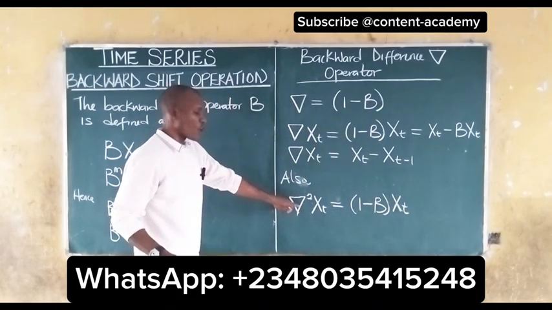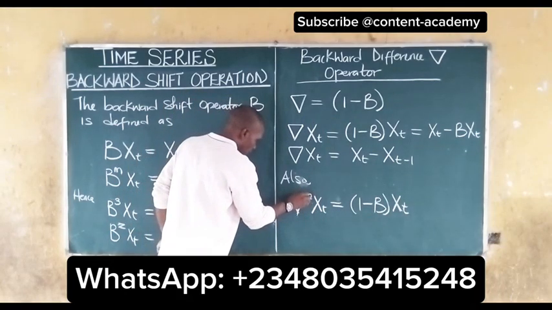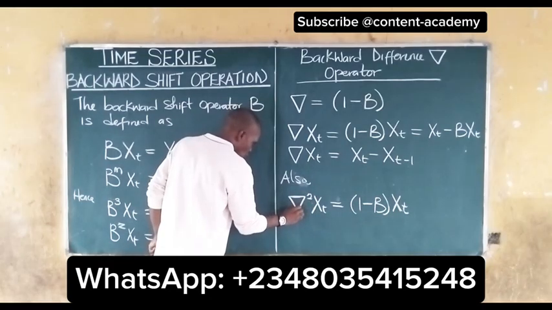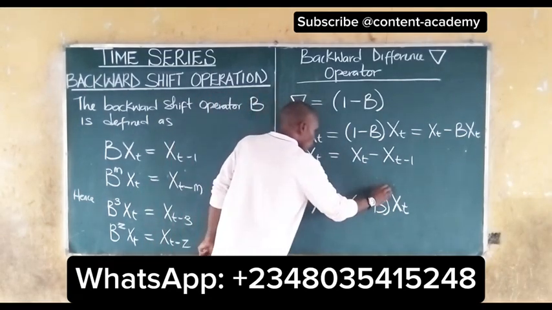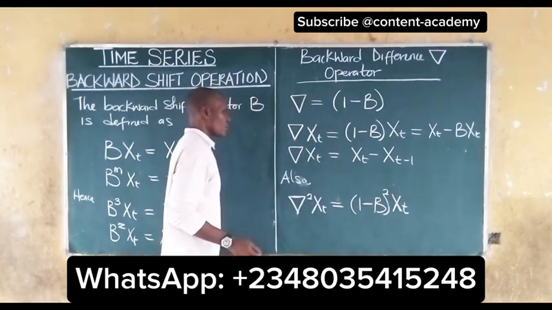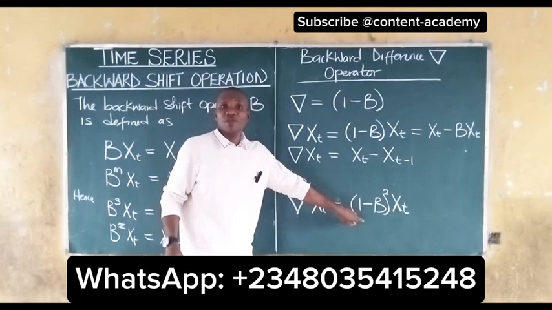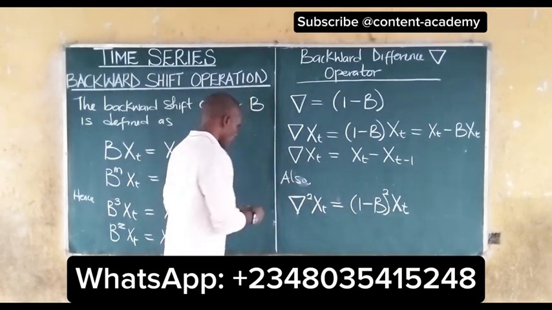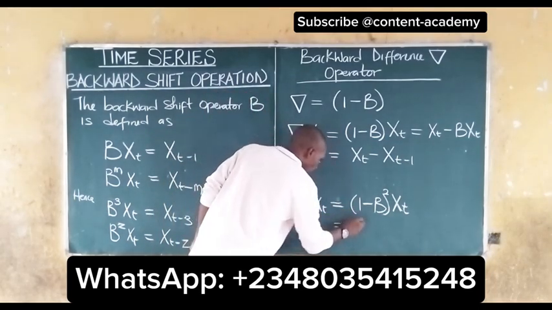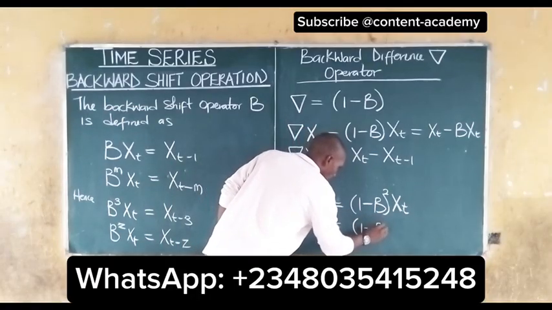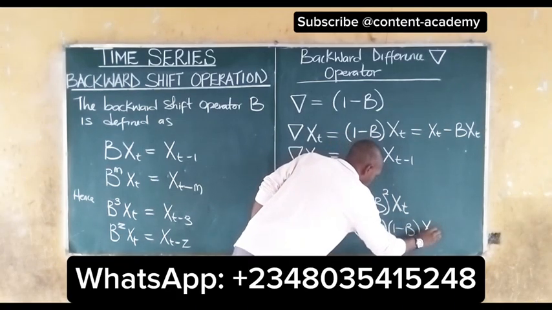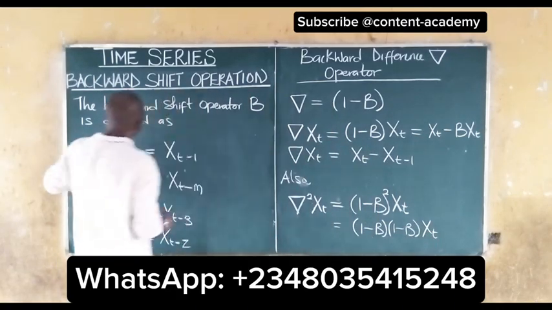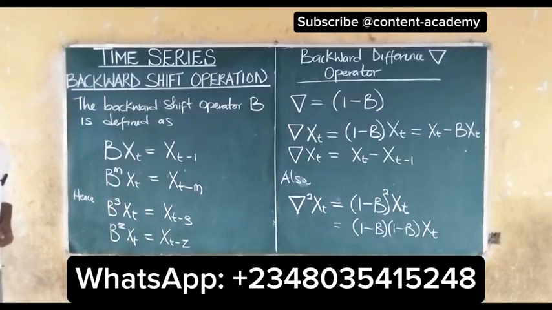So if we have an operator of this form raised to the power of 2, since we have an operator to be 1 minus B, the next thing to do is to expand this first. How do we expand it? We write it as (1 minus B)(1 minus B) X_t.